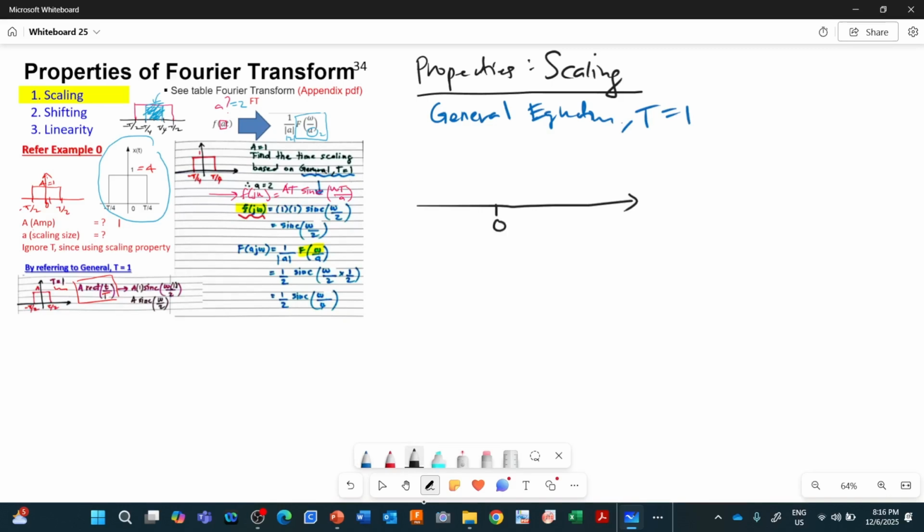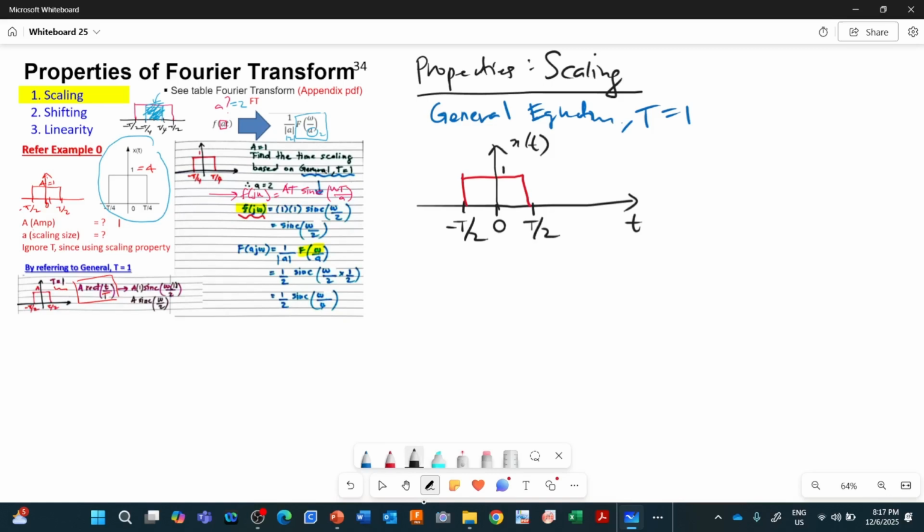You have 0, and then you have T over 2 and minus T over 2. Correct? So you have the signal like this. This is x(t). This is t. The amplitude will be 1.